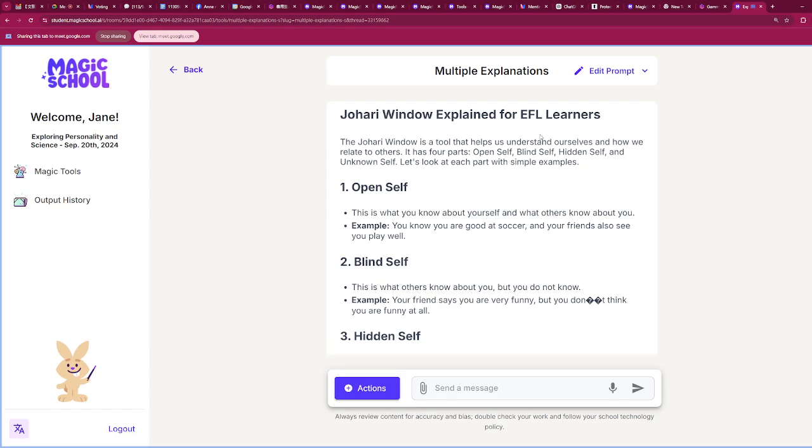It's like providing all the tools that students can use, but not pointing out which ones should come first. So you might need to include that in your Google Classroom if you're using MagicSchool in your Google Classroom. So Johari window explained for EFL learners.